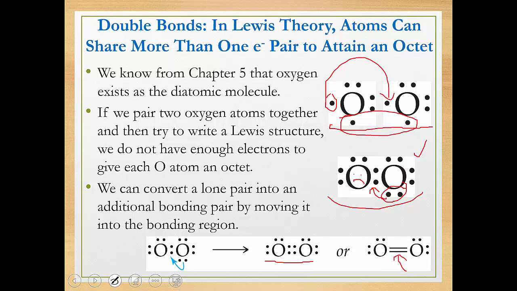I draw 2 dashes. That's the equivalent of 4 electrons, 2 bonding pairs of electrons, 4 electrons total. So this explains why oxygen creates a diatomic molecule. It can share more than just 2 electrons and gain a stable structure.